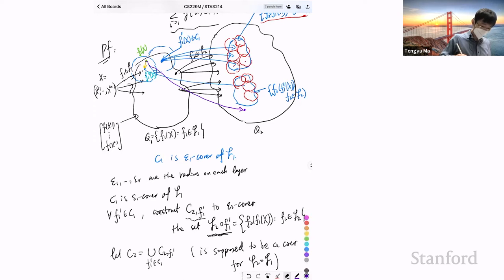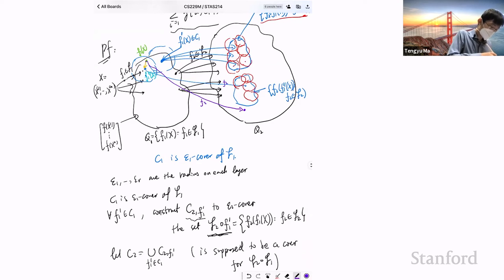What you do is you first look at the neighbors in the first layer, so you got this point, and you look at the image of this point in the second layer, maybe something here. Let's assume you're applying f2 here, so you get f2 here.